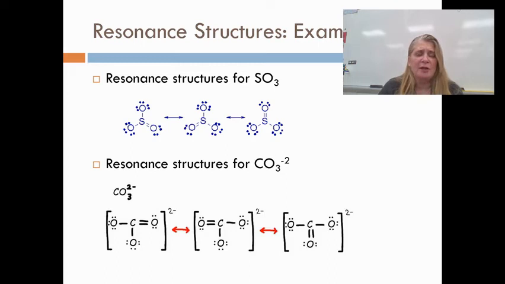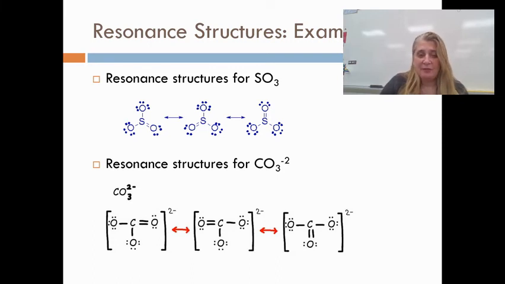So when we're drawing structures for polyatomic ions, remember that you count up the number of valence electrons. You're going to do the same thing for polyatomic ions, except that the 2- means I have 2 extra electrons hanging around that I've taken from somebody else. So this resonance structure for CO3 2-, or the carbonate ion, would have 4 valence electrons from carbon.